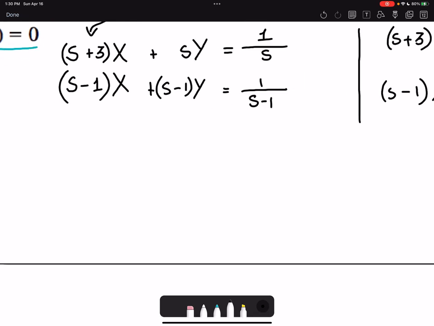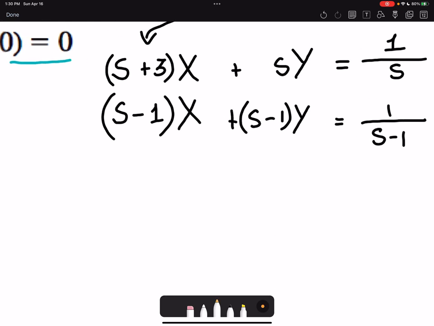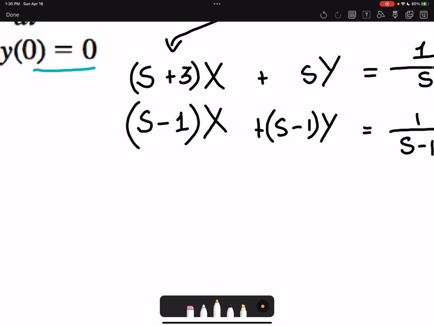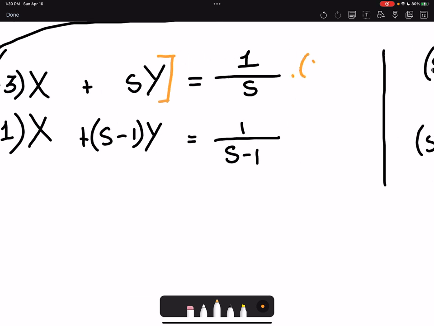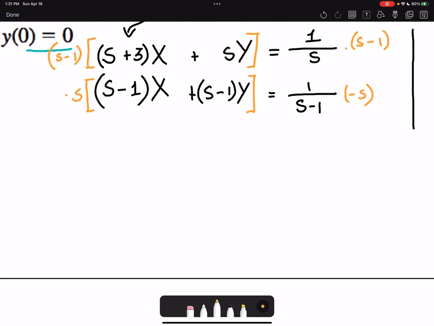So now I want to eliminate the Y here. To eliminate the Y, I need to multiply the top by s minus 1, and I need to do it to both sides of the equation if I don't want to change the equality. And the bottom I want to multiply by negative s. So here I multiply it by negative s.